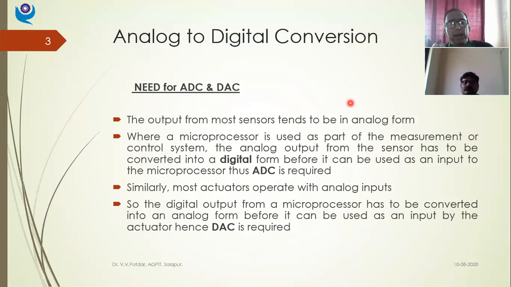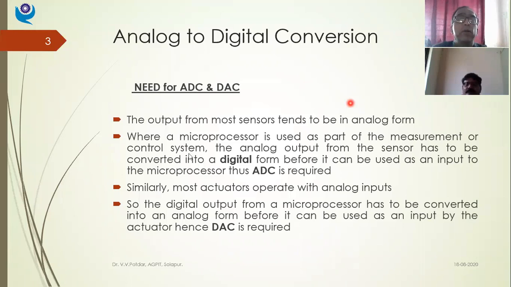The D to A converter converts the digital signal received from the microprocessor into an appropriate analog signal, and this analog signal will run the actuator. In this robot case, it is a DC motor, and then once again the cycle continues till I have the desired angular position of the gripper, isn't it? So this is the role of ADC and DAC.